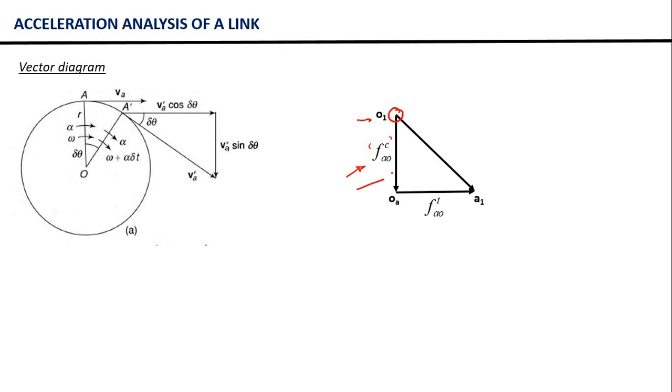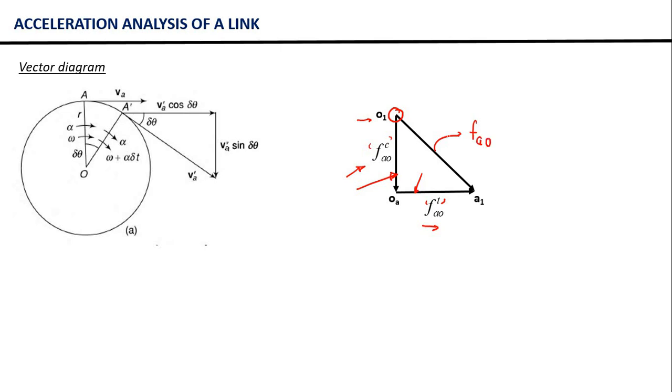So we are going to draw this vector first, and then we will draw the tangential component of acceleration, FAOT. We know that FAOT is perpendicular to this length OA, and the direction is towards the right side. So we will draw the next vector FAOT something like this, and after that the resultant vector will be given by this solid line.